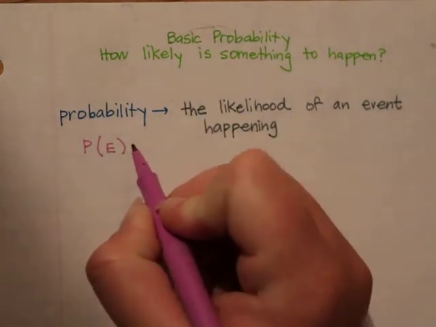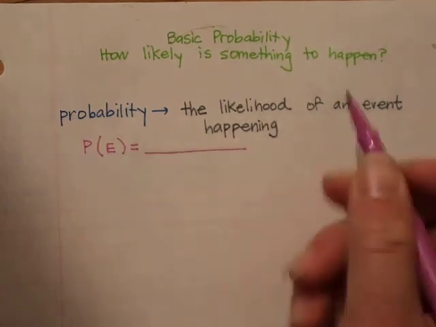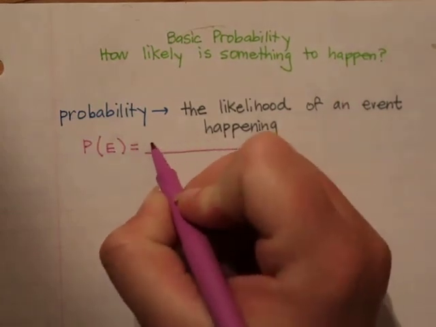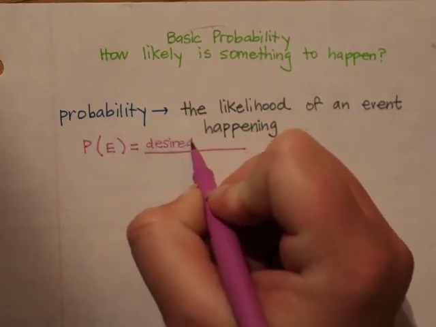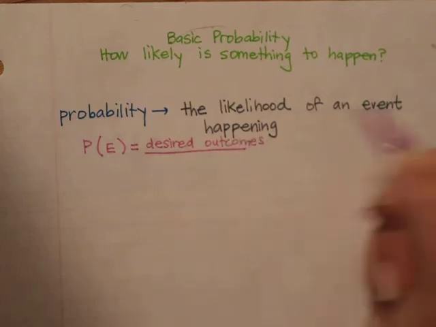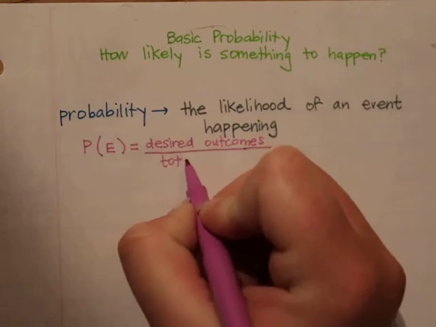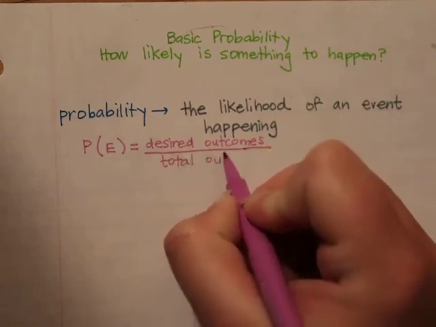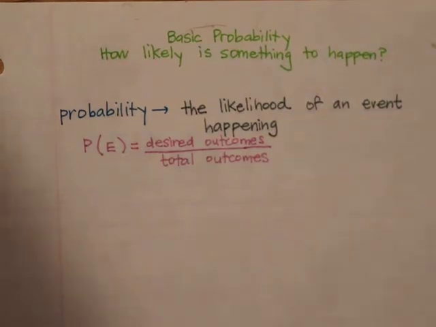And when we want to calculate probability, we're going to do it as a fraction. We divide the number of possible desired outcomes out of the total outcomes. So if we're flipping a coin, the probability of tails is 1 out of 2.